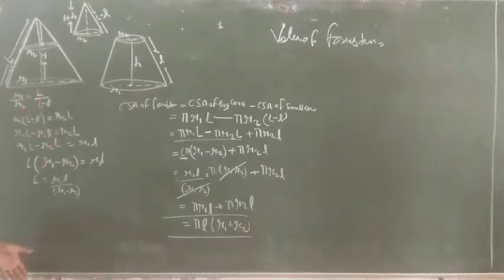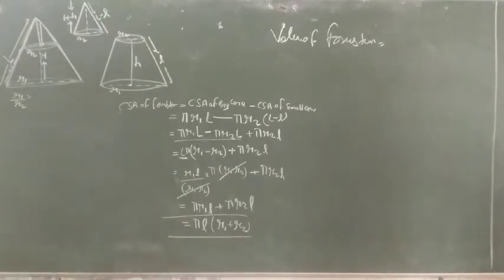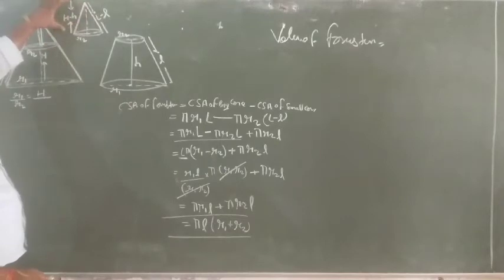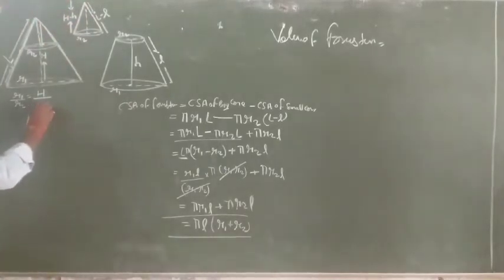Same pattern, we find the relation between the radius and height. R1 upon R2 equals capital H, the height of the big cone, upon the height of the small cone, which is capital H minus small h.